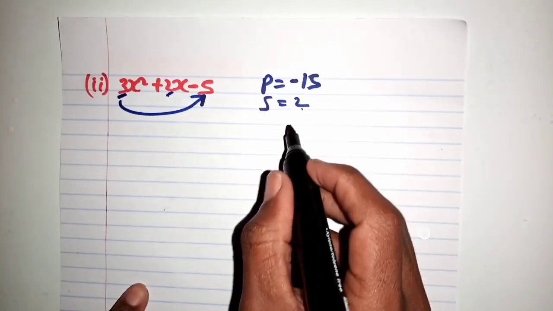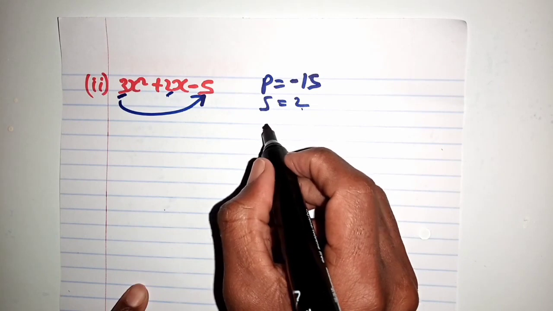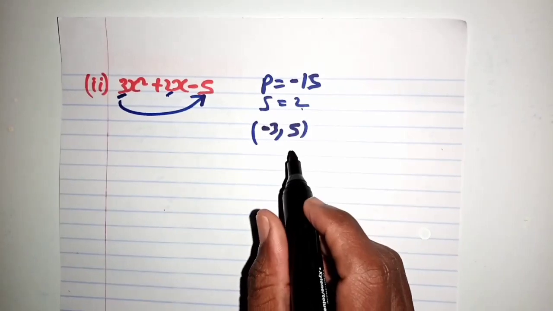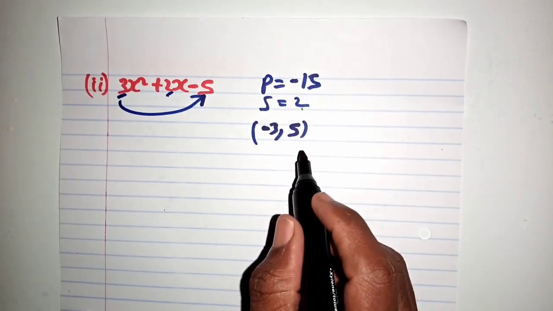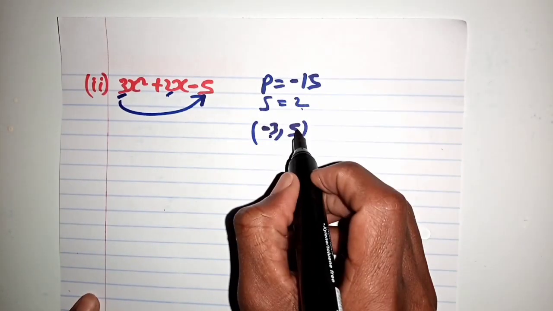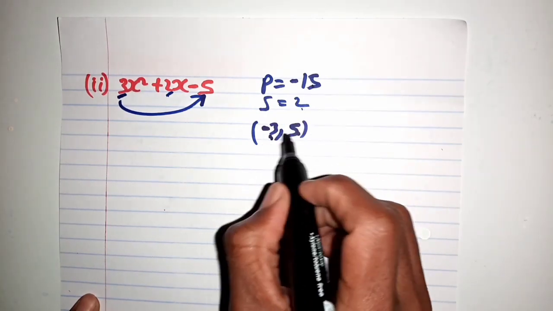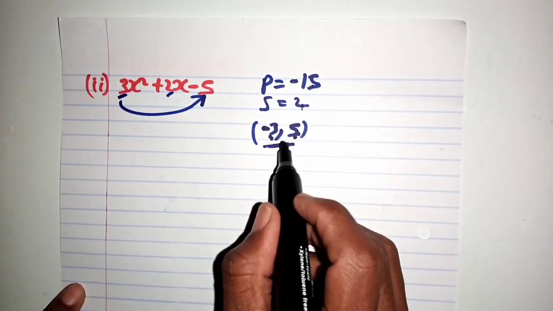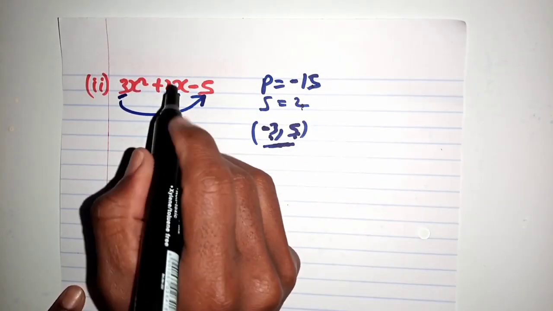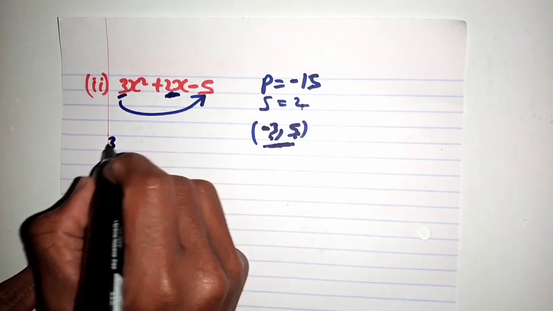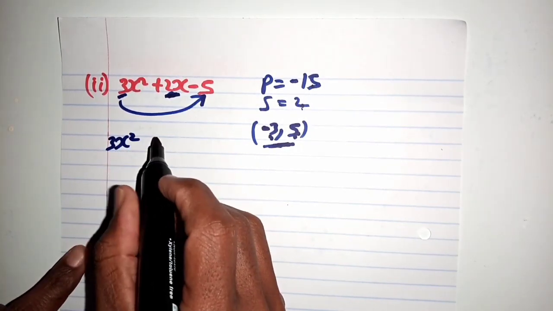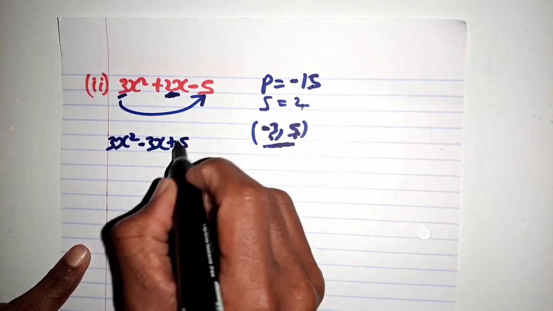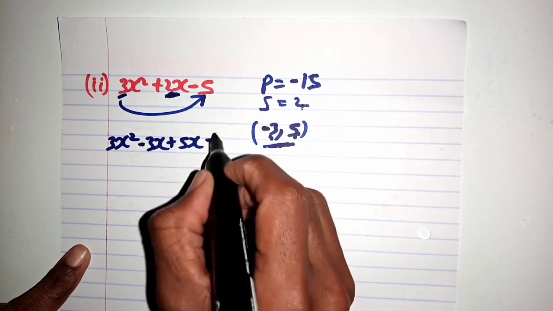Let's see if this one can do. If you have negative 3 and then you have 5, are you safe? Let's see. This multiplied by this, you have this, then this plus this, you have this. Yes, we are okay. So let us replace these digits with this mid value, and we are going to have 3x squared minus 3x plus 5x minus 5.